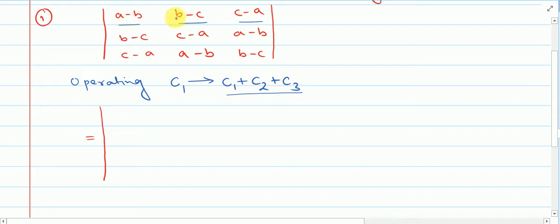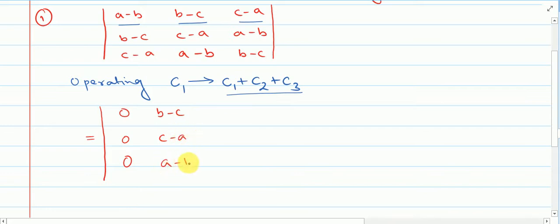This element will be added to this, and that way you are getting 0 over here. Because this plus a minus a cancel, minus b plus b minus c cancels, and here in the second one b minus c plus c minus a plus a minus b. So here this minus c plus c will get cancelled. This plus b minus b, so here also you are getting 0, here also you get 0, and these are copied as it is.